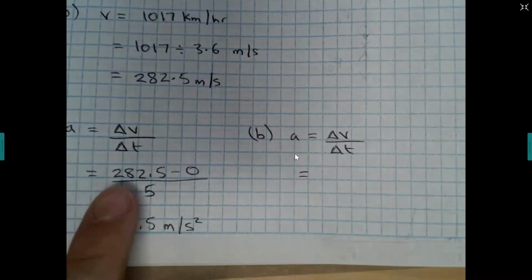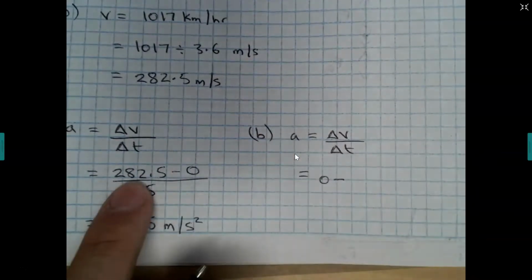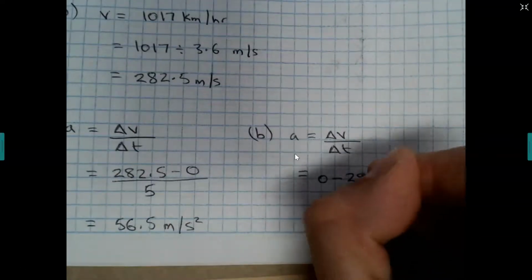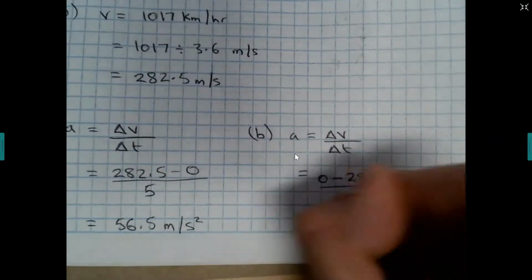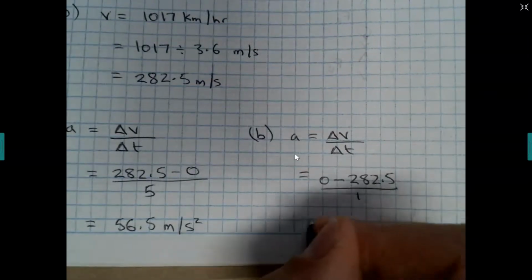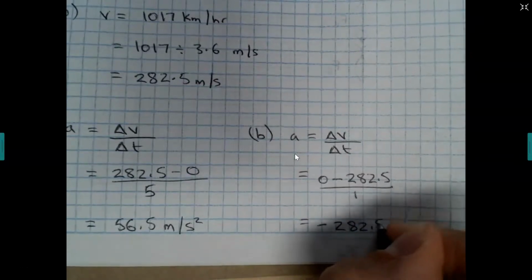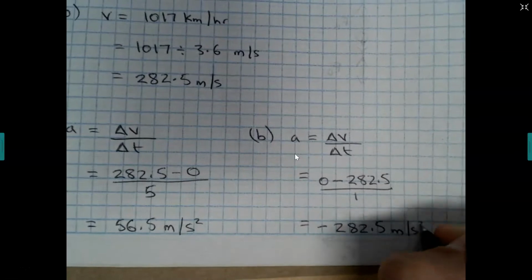But this time his final velocity is 0. So you're going to have 0 minus the speed that he was at, 282.5, over, how long did it take him to come to a halt? 1 second. So it's going to be negative 282.5 meters per second squared.